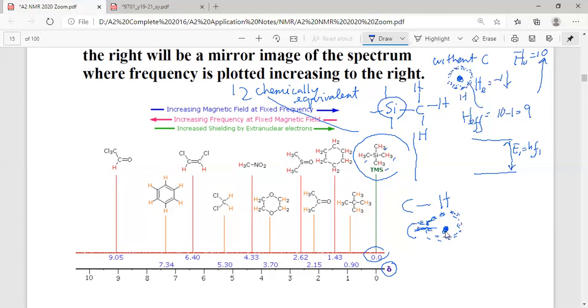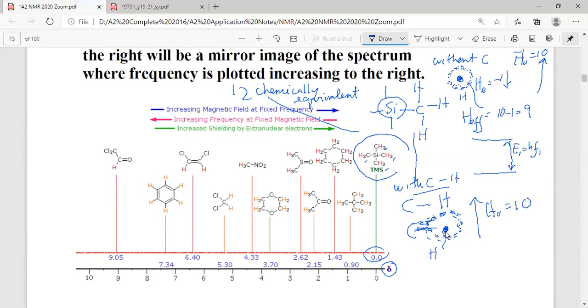Now with the carbon covalently bonded to hydrogen, the external field H0 is still 10, same. So now there are less electrons here.